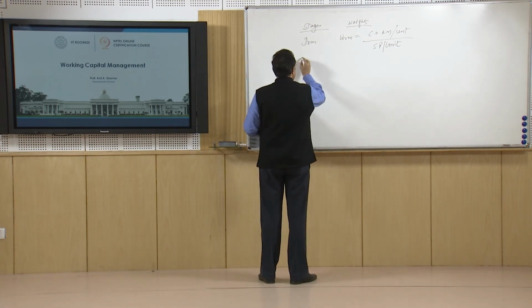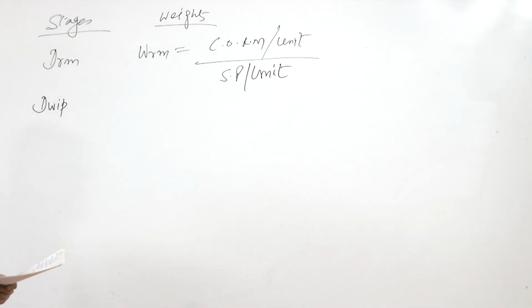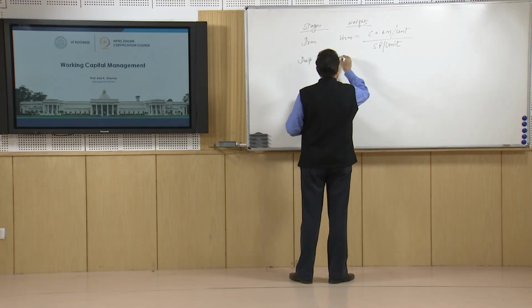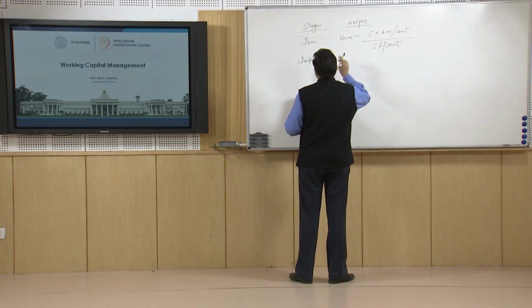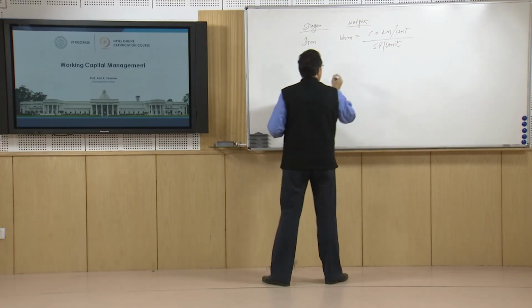Second stage is DWIP, and the weight at this stage will be WWIP.